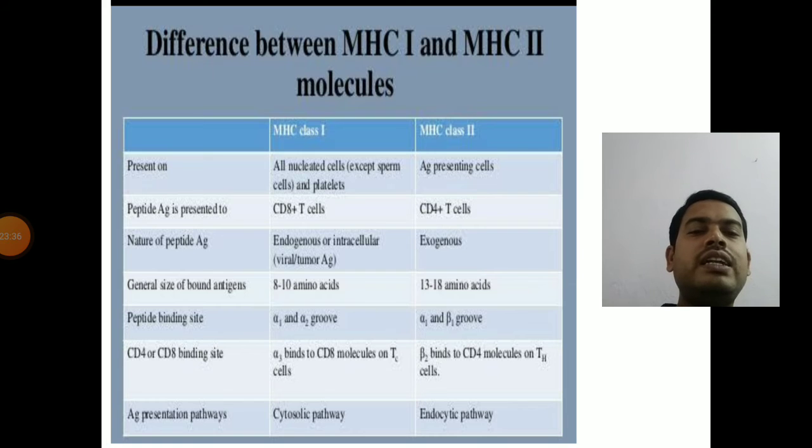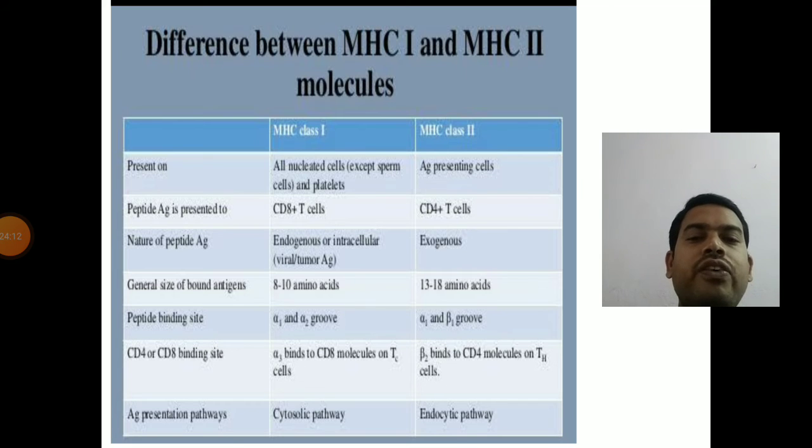So the general size of bound antigens will be about 8 to 10 amino acid sequence, whereas it is 13 to 18 amino acid sequence containing peptides in case of class 2 MHC molecule. Peptide binding site, as I mentioned, is between alpha 1 and alpha 2 in class 1 MHC molecule. Sorry, it is between alpha 1 and beta 1 chain in class 2 MHC molecule.